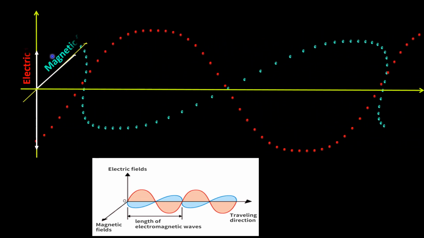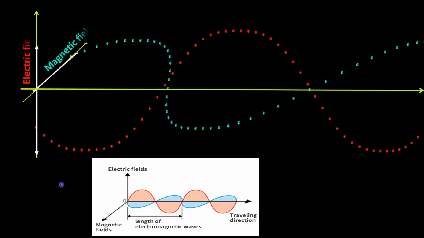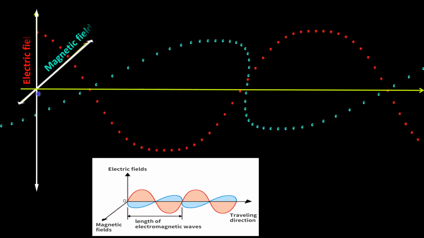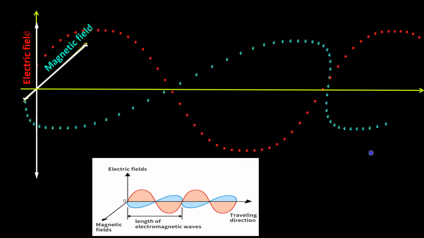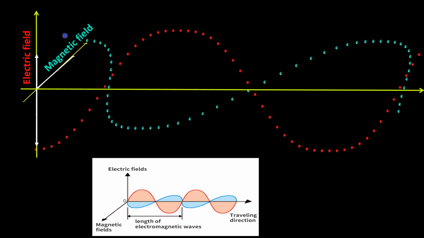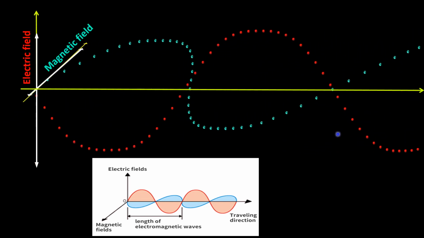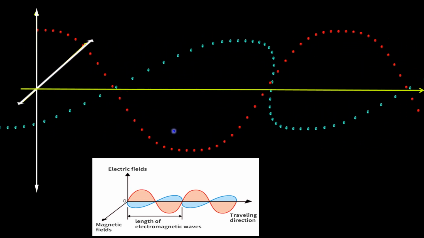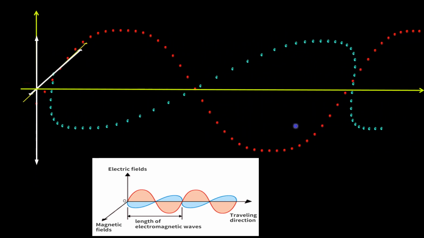The red one is the electric field and the blue one is the magnetic field. They keep on changing with the propagation of the wave. So in an electromagnetic wave, the electric field and magnetic field vary perpendicular to one another and to the direction of propagation of the wave. That's all.